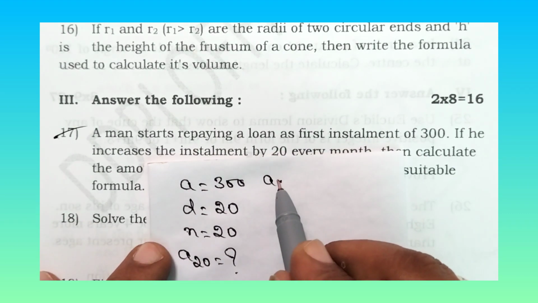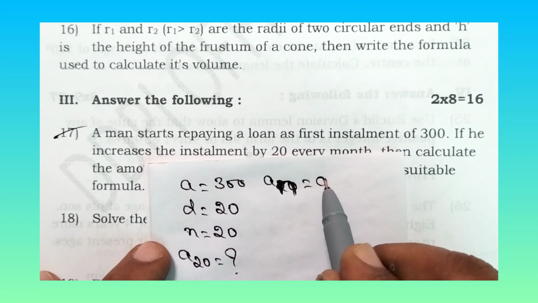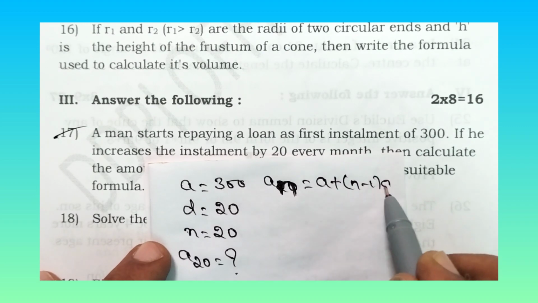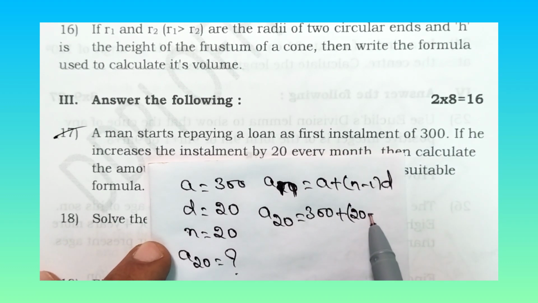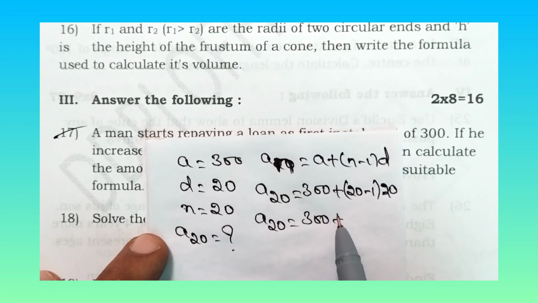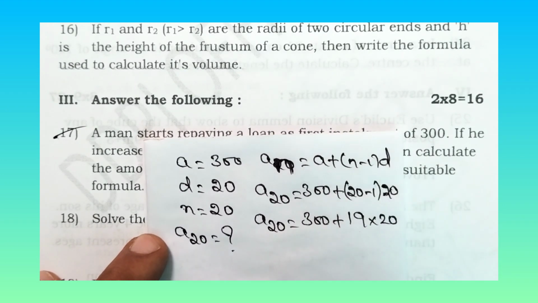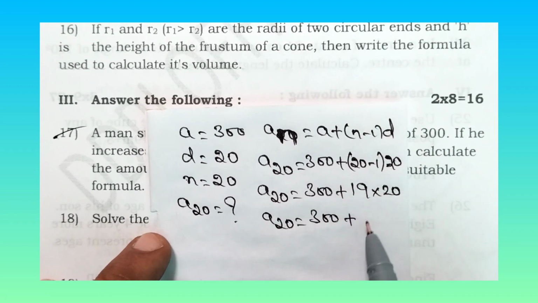What is the formula? Let us use the formula an is equal to a plus n minus 1 into d. So a20 is equal to a, that is 300, plus 20 minus 1 into d, where d is 20. So A20 is equal to 300 plus 19 into 20. So A20 is equal to 300 plus, 9 2s are 18, 19 2s are 38, 0.